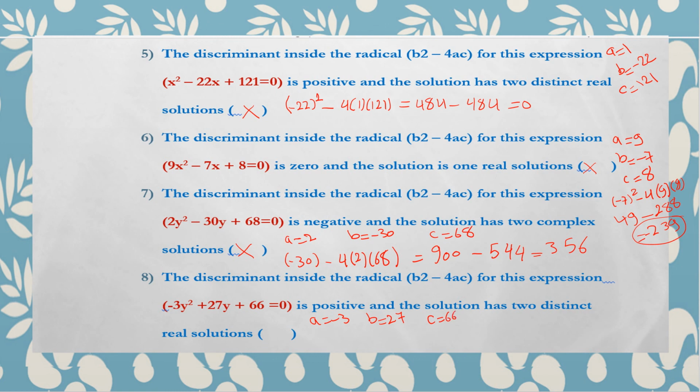By substituting the values of A, B, and C, we get B squared, 27 squared, minus 4A times C equals 729 minus 66 times 4 times negative 3, equals 1521, and the answer is positive. So the statement is correct.